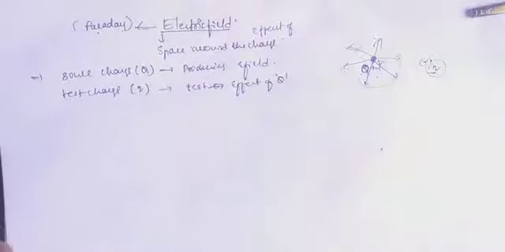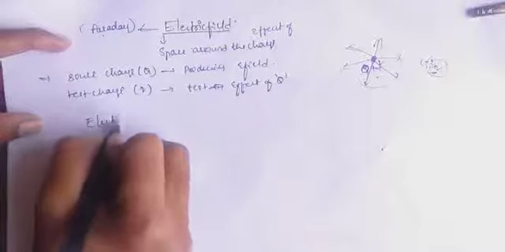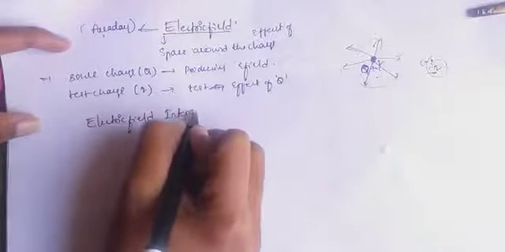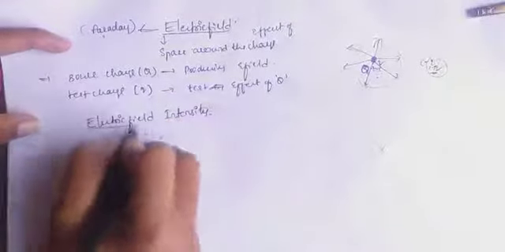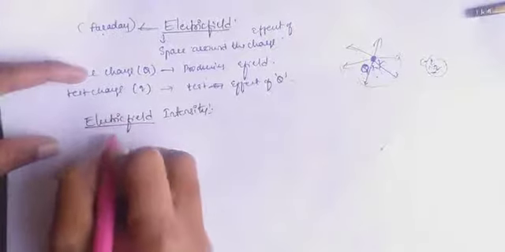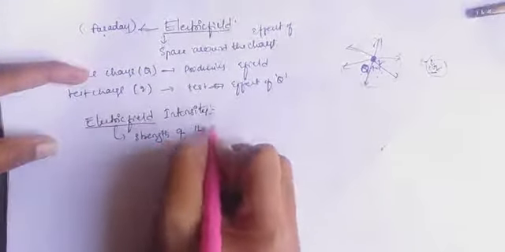Now we have to know about electric field intensity. Electric field intensity means the strength of the field at that point.